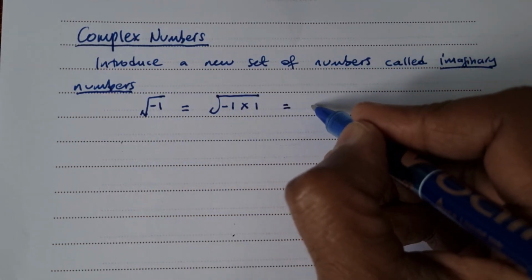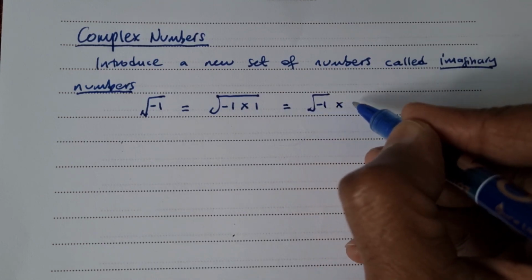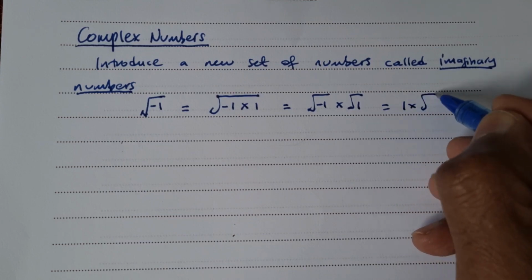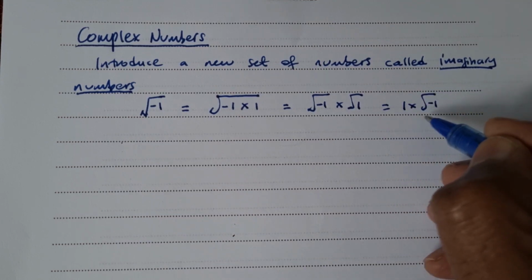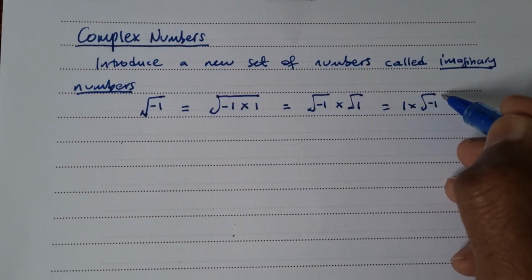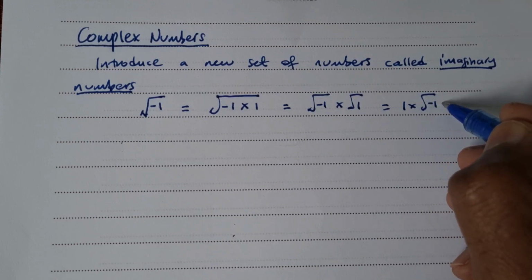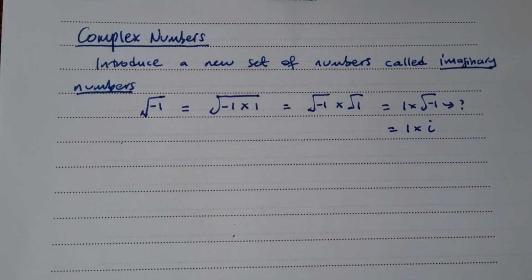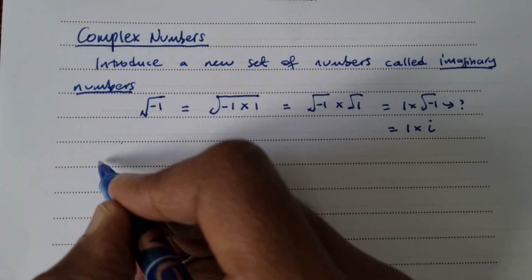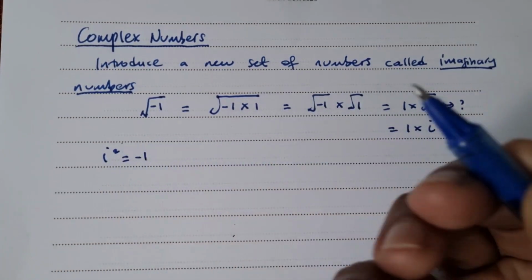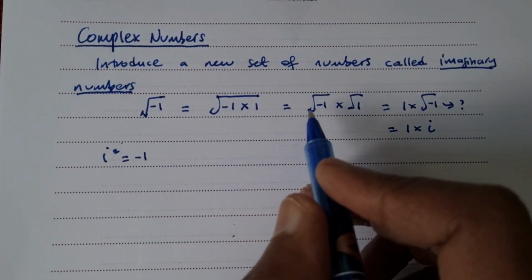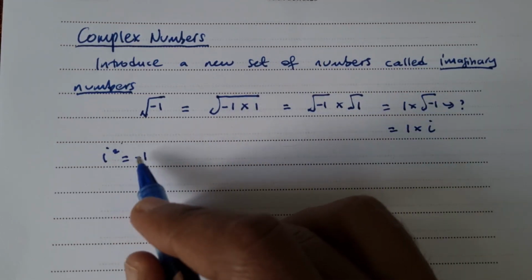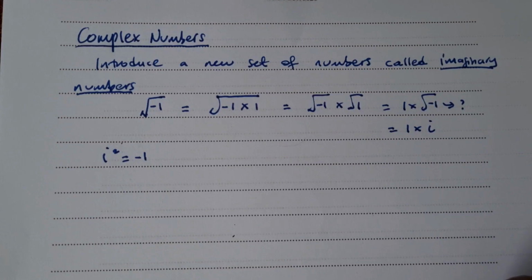In other words, we're saying the square root of -1 times the square root of 1, and that gives us 1 times the square root of -1, and because the square root of -1 cannot be found, that's a problem, so we are going to replace it by i. And it follows that i squared is equal to -1. The reason being is that all imaginary numbers, when you square them, you should end up with a negative number as a result.